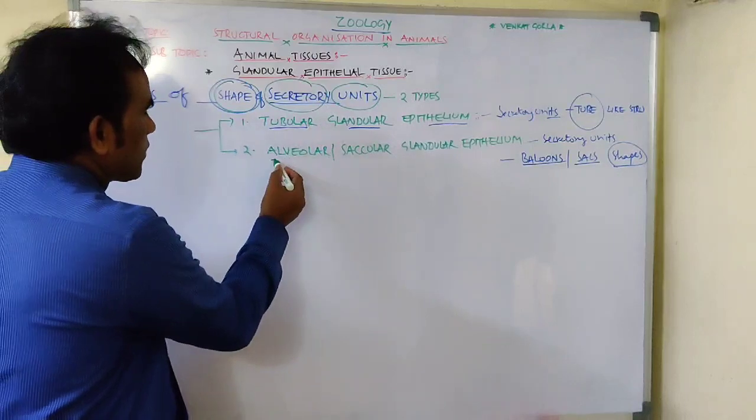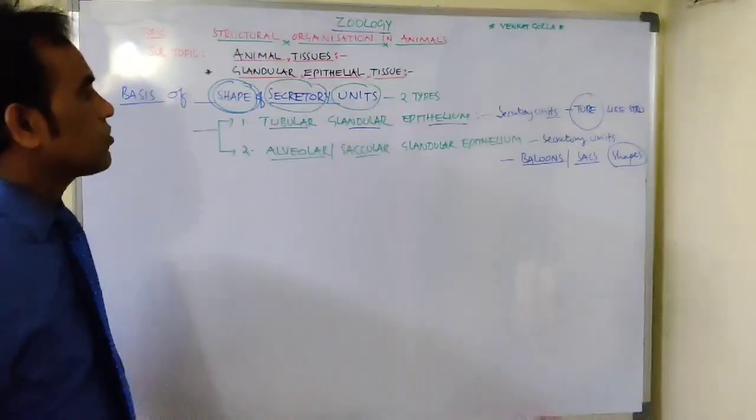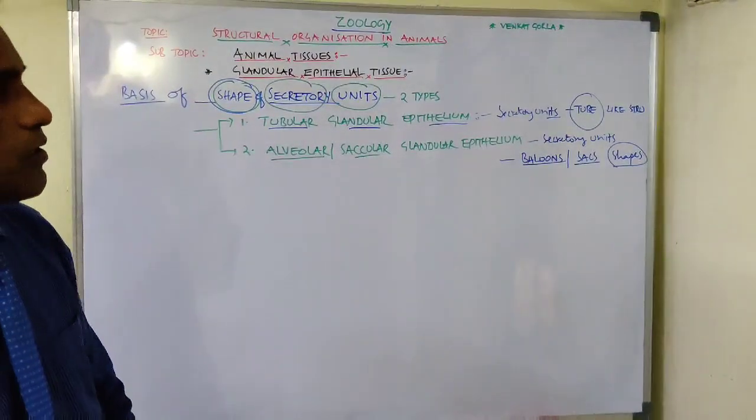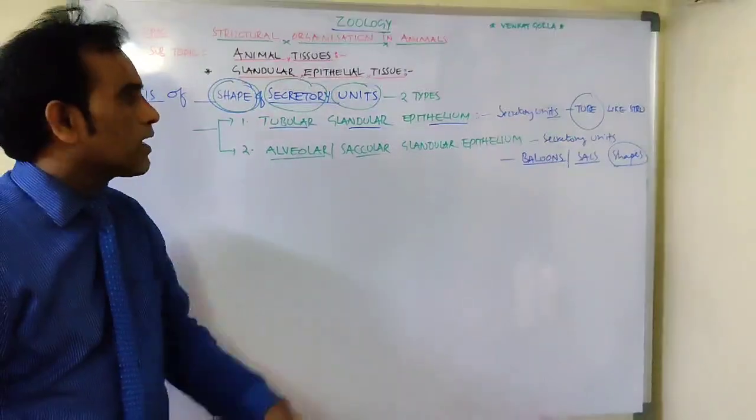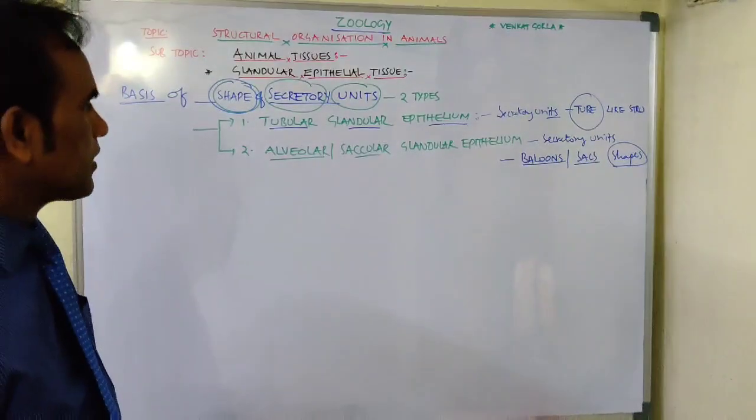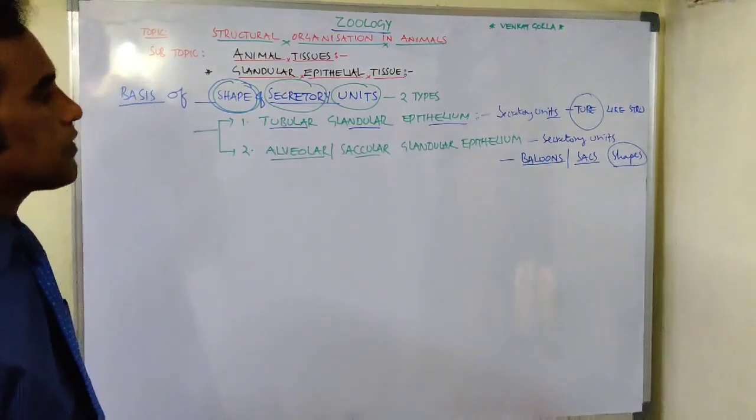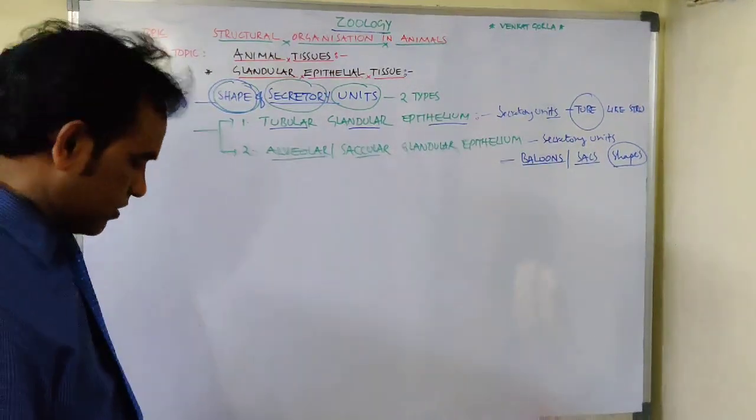One is tubular, another one is alveolar or saccular. In tubular glandular epithelium, the secretory units are tube-like structures, and in alveolar glandular epithelium, the secretory units are balloons or sac-like structures.